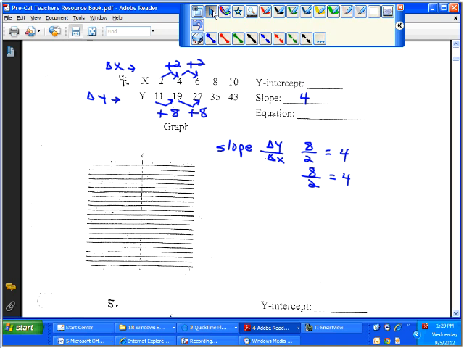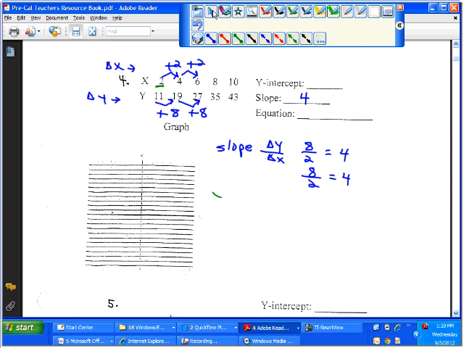Now, the y-intercept is the value of y when x is 0, but this table doesn't have a 0 in it. The smallest thing we had was a 2. Now, we know that you have the ability to work your table backwards, but we're not going to do it that way because we want you to know how to do it algebraically. The way we learned to do it algebraically in Algebra 1 was this.